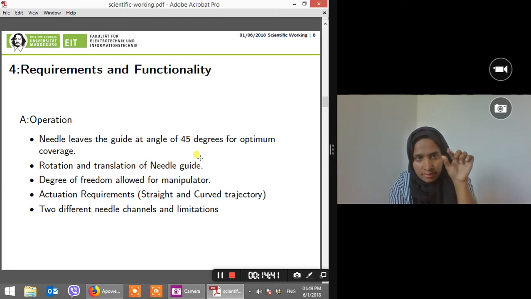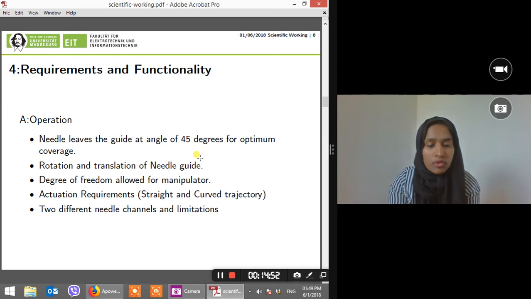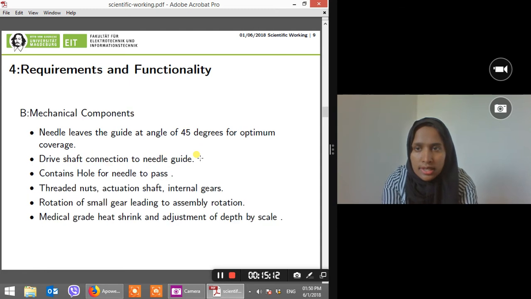But if the curvature is less, then the image will not be that accurate, and it will not cover the whole site in which we are interested. In our case, there are cylindrical and elliptical channels. Ellipticals are a little expensive, and cylindricals are quite economic. So here in our case, we are preferring the cylindrical channel.